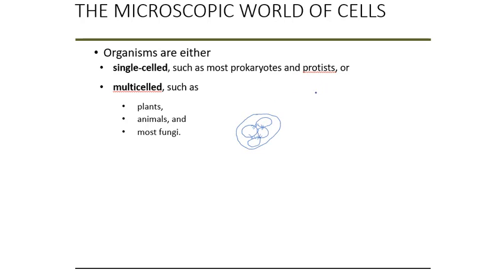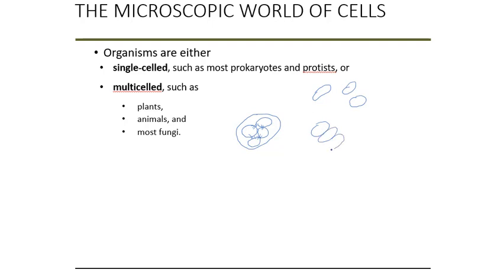A single cell would be something like this, and we would have many single cells in a certain medium, but those single cells might not really interact with one another. And by interaction, I don't mean that they don't quote unquote talk to each other. They do communicate, but their survival is not dependent on their interaction with one another.